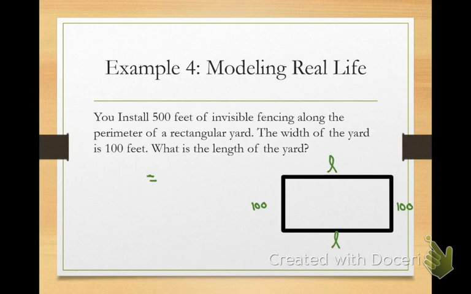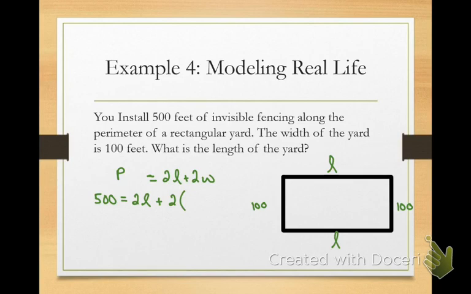All right, so P equals 2 times the length plus 2 times the width. You got to know your formula. It says I installed 500 feet. That's my total. 500 equals 2 times the length that I don't know plus 2 times the width.